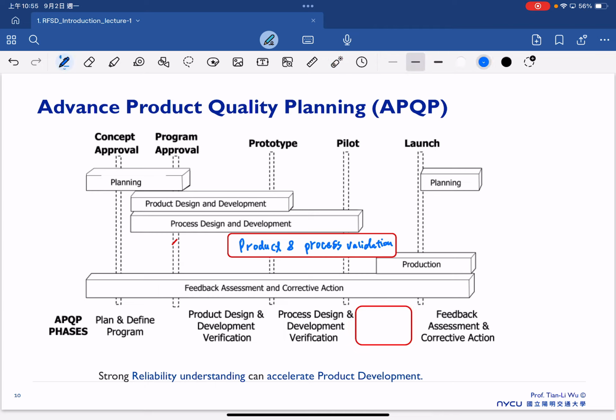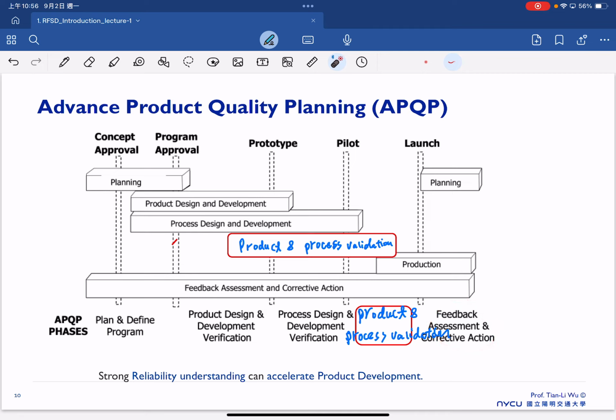So after the prototype we do validation, but before the production we also do product and process validation again. And finally, we release our production, and we probably will see some feedback here.